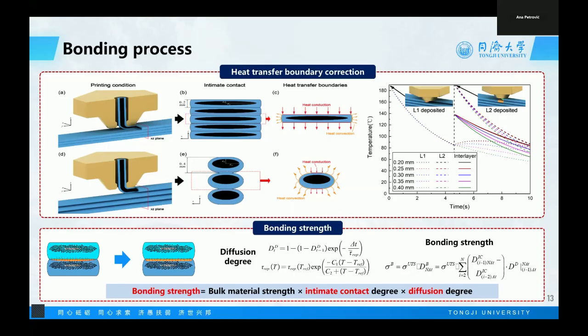Then the diffusion process occurs in the interface formed by the intimate contact, and the diffusion degree is calculated by these equations. Finally, the bonding strength is determined by the intimate contact degree and diffusion degree jointly.